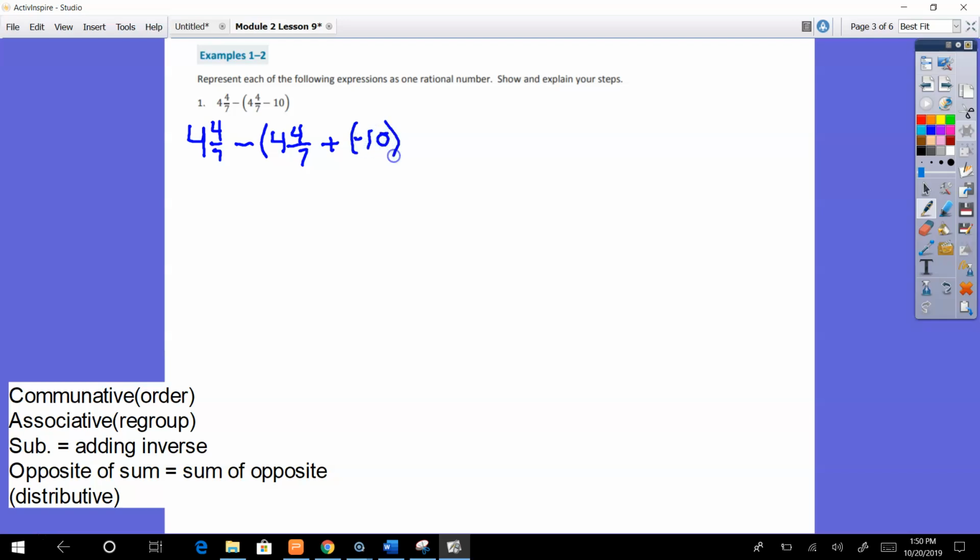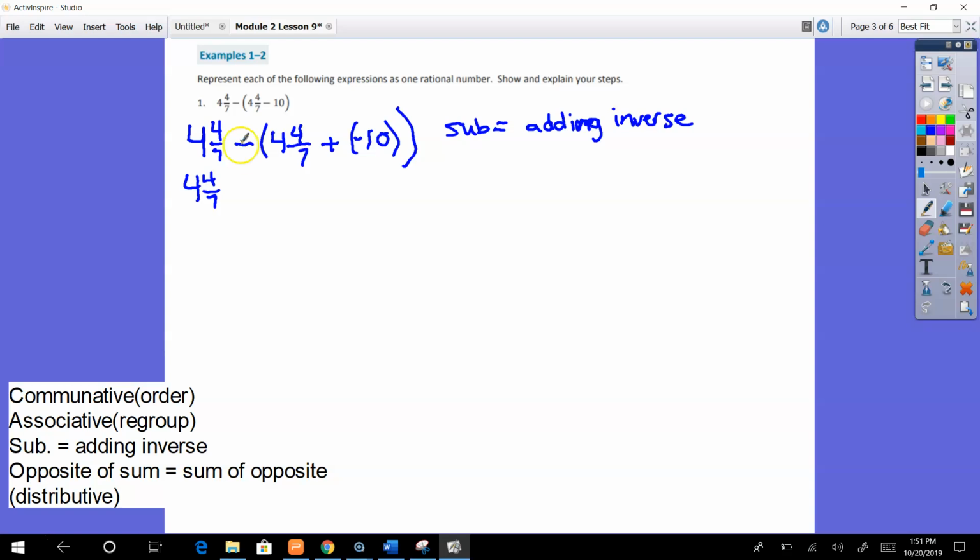So, and explain your steps: subtracting is the same as adding the inverse. After we do that, then we can say the opposite of a sum is the sum of its opposites.